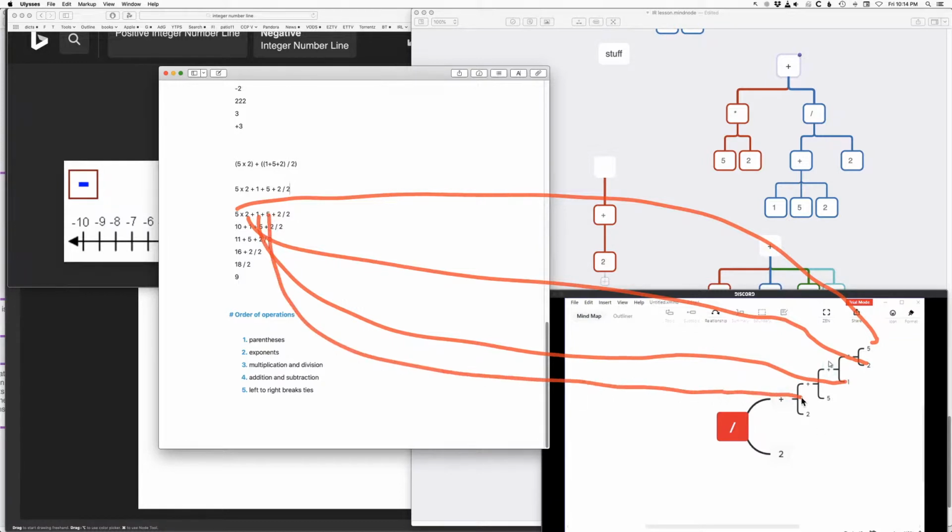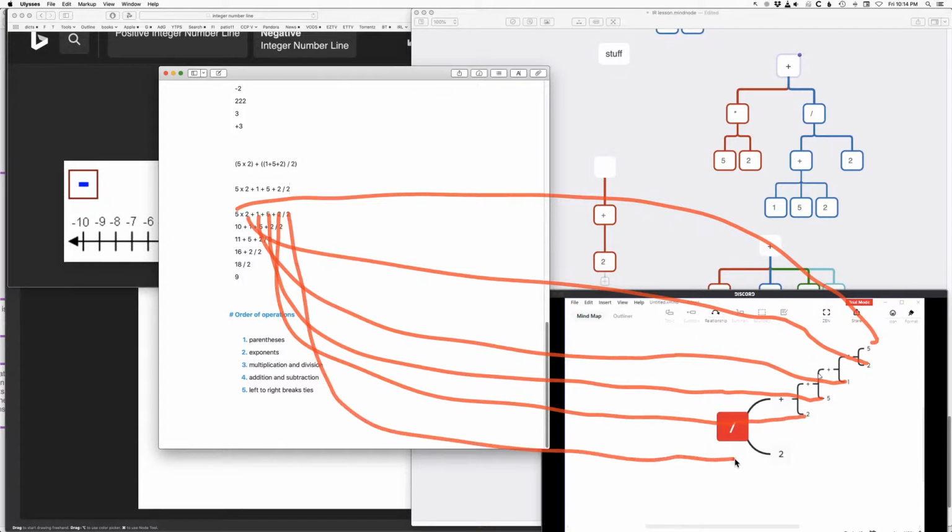So I think all of the remaining leaves just being part of multiplications would be fine.